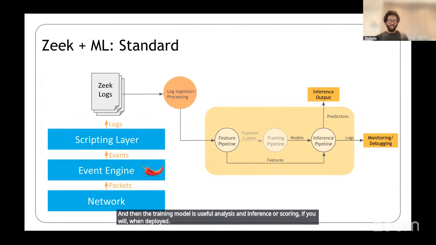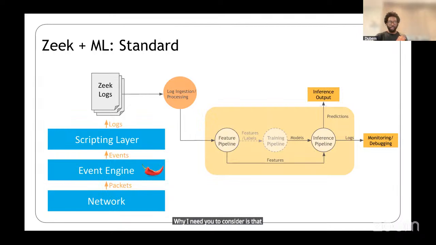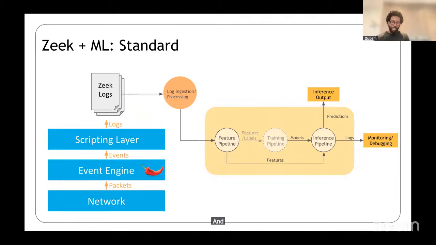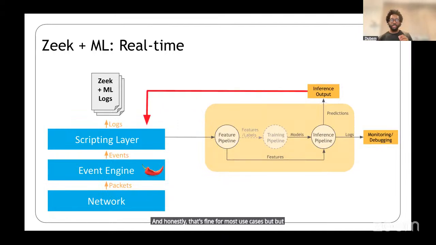What I need you to consider is that in this design, control and data tend to flow in one direction, right? Zeek has no further context for what the downstream analysis uncovers. And honestly, that's fine for most use cases, but what if we maintain context by closing this loop?